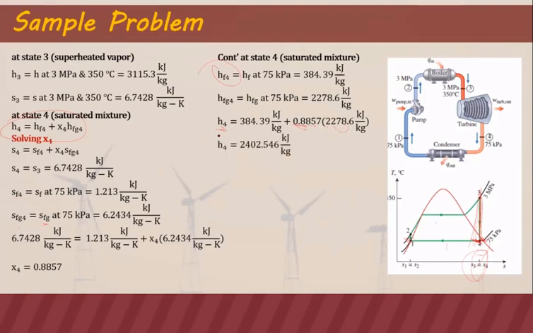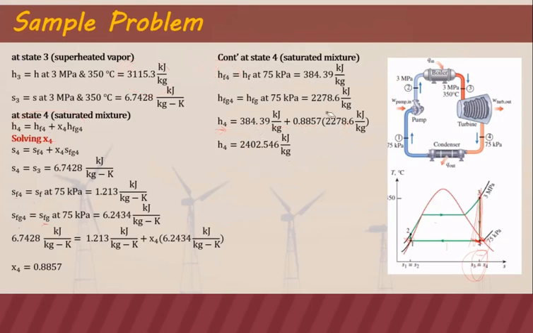So our enthalpy at state 4 is 2402.546 kilojoules per kilogram. Obviously, it has to be lesser than the enthalpy at H3 because there is an expansion that happened in the turbine.